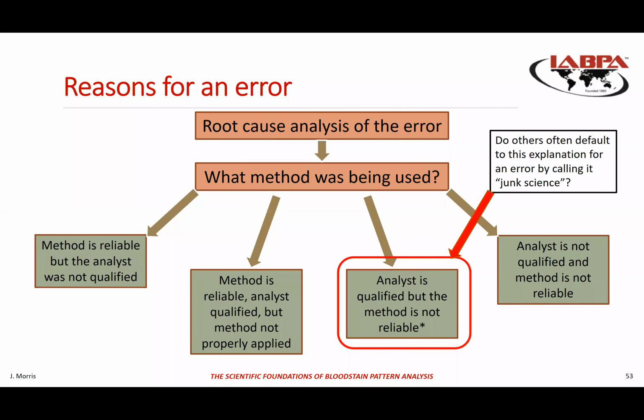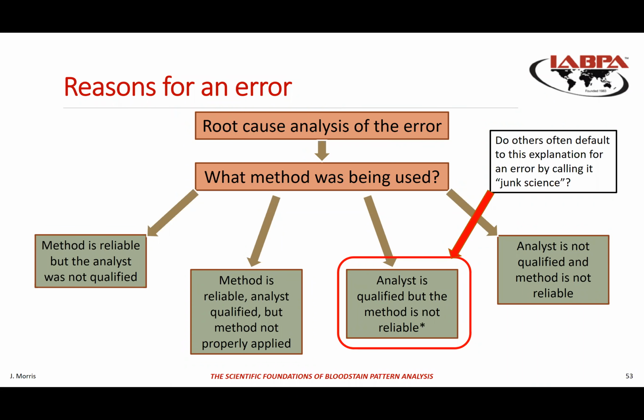But what concerns me is that there is this notion to automatically jump to a specific reason why a mistake was made, and that is that the method is junk, that the whole science is bad. And often when we do that, we're really not doing a true root cause analysis.